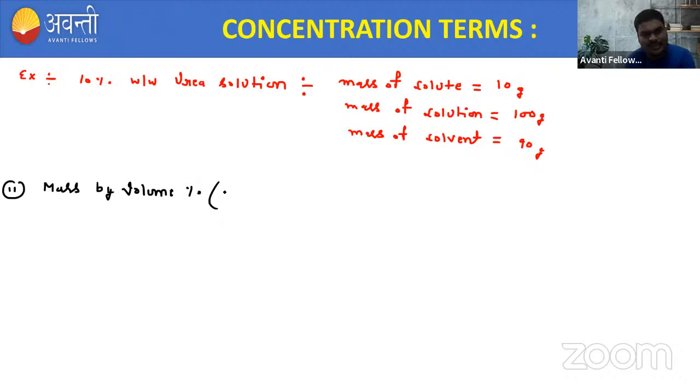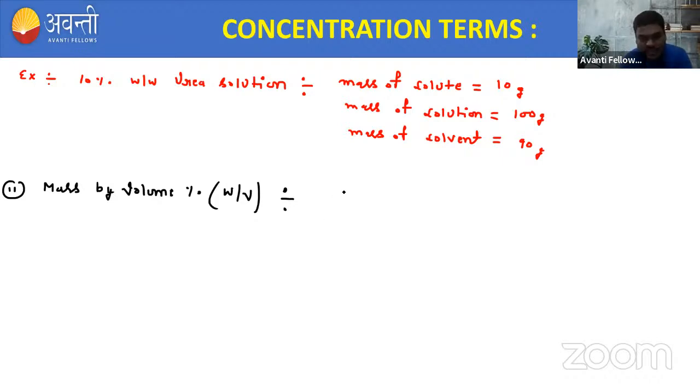So we can write this mass by volume percentage as W by V percentage, right? So how will you represent this mass by volume percentage? So basically it is defined as the weight, or we say solute in gram, divided by volume of the solution, right? Because this is weight by volume.